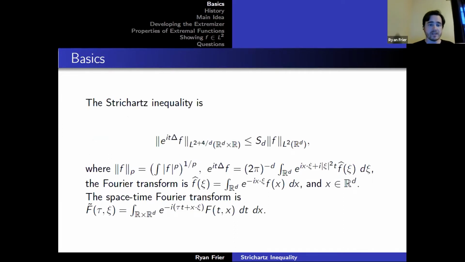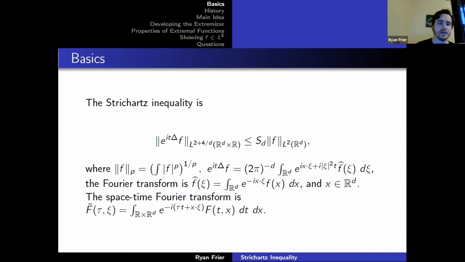All right, so the basics are, we have this operator, e to the itΔ f. The Strichartz inequality takes the L^(2+4/d) norm of that, where d is the dimension of our spatial variable. And that's bounded above by some constant, which depends on our dimension, times the L2 norm of f, where the Lp norm is your standard Lp norm.